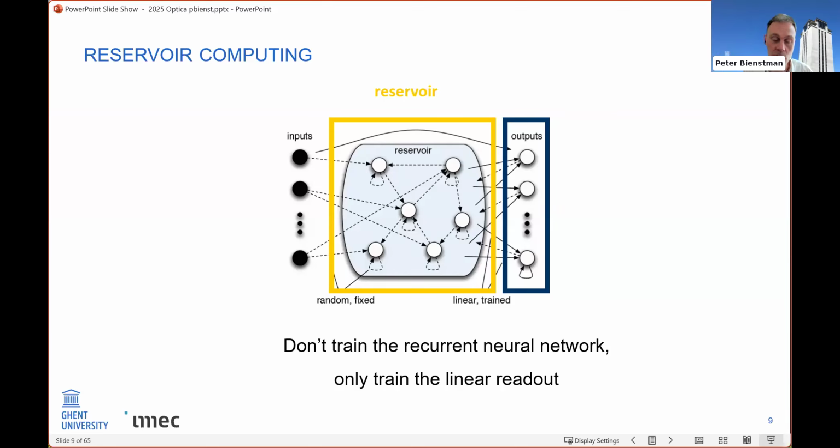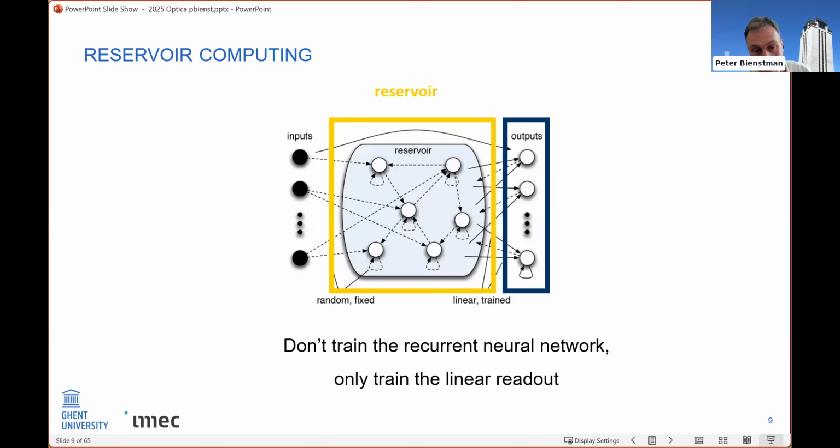And it does not need, in general, these complicated iterative training mechanisms like backpropagation, although sometimes we also do use them. But the main message here in reservoir computing is we have a recurrent neural network, but we're not training it. We're just randomly initializing it and only training the readout that comes after it.